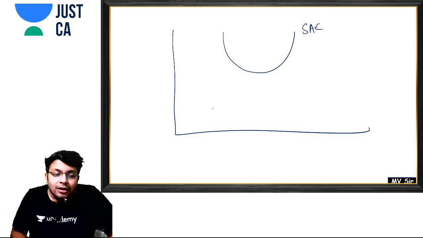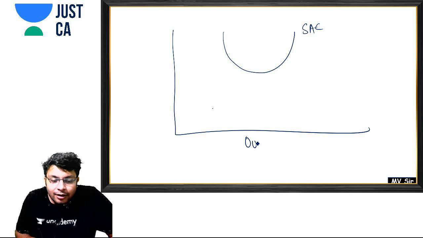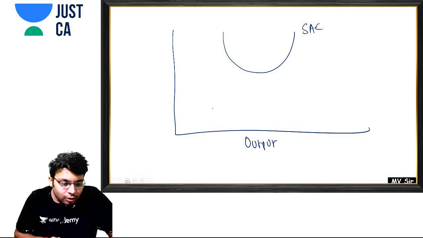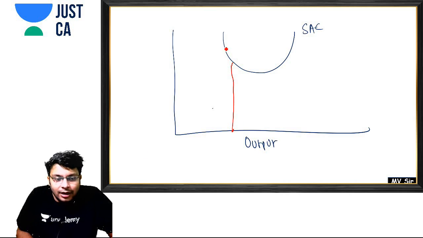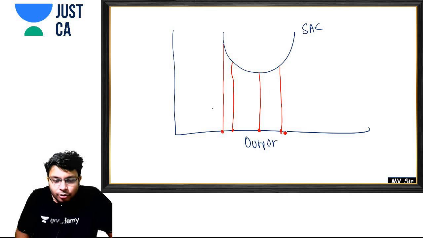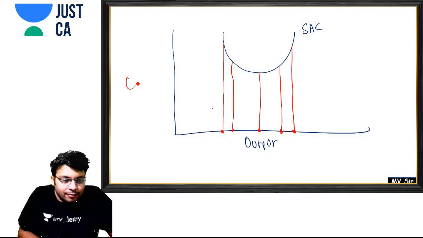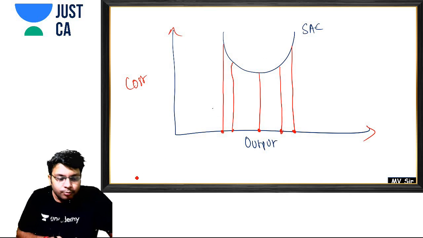On this cost curve you can produce many levels of output, but what is happening over here? You can produce this level of output, this level, this level. On the y-axis we take cost, and on the x-axis we take output.